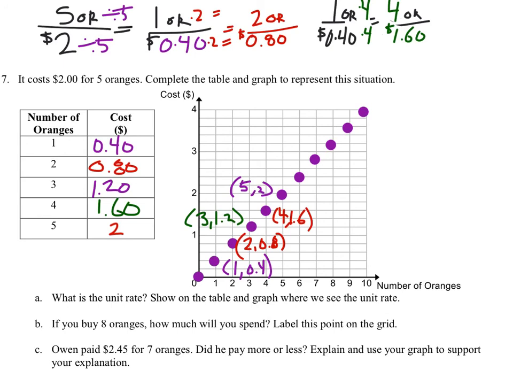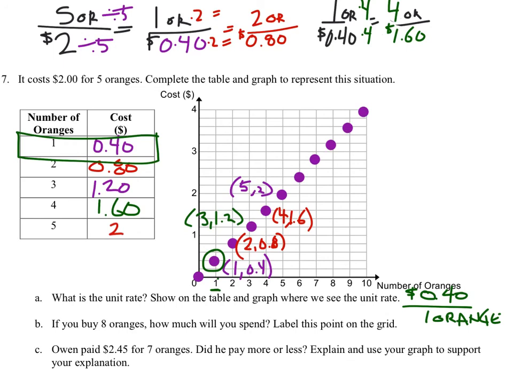Okay, so what does the unit rate show on the table and graph where we see the unit rate? Again, it's for 1 orange, which was this point right here. And again, we're looking for where the x is 1. So the rate was, we can write it like this if we want, 40 cents for 1 orange. So what if we buy 8 oranges?